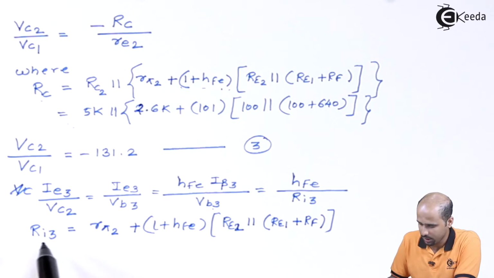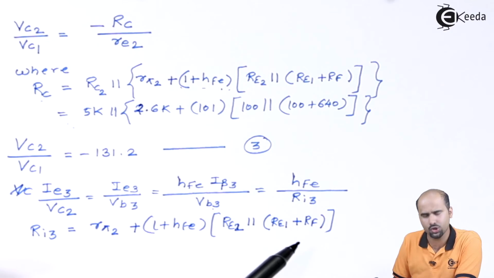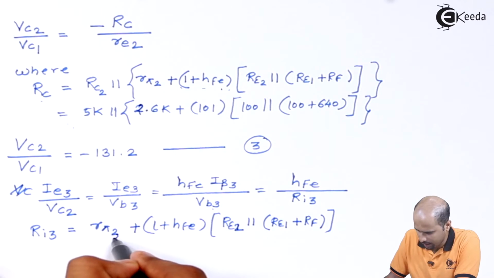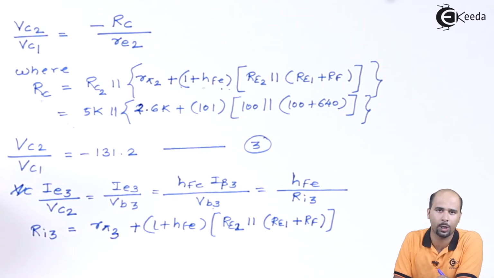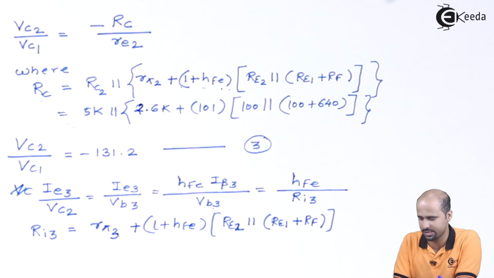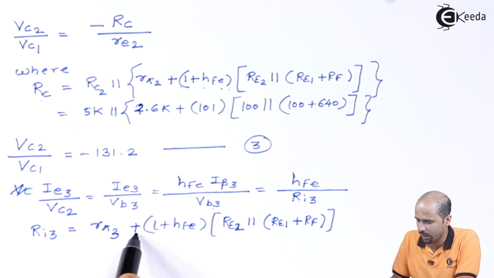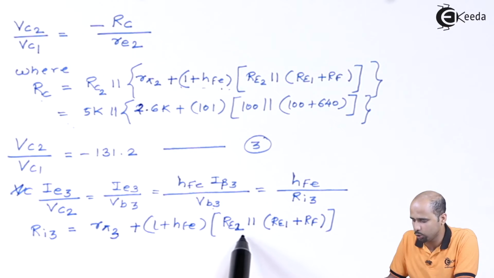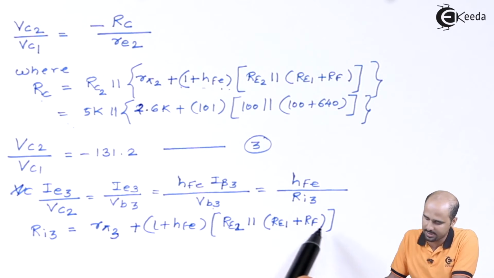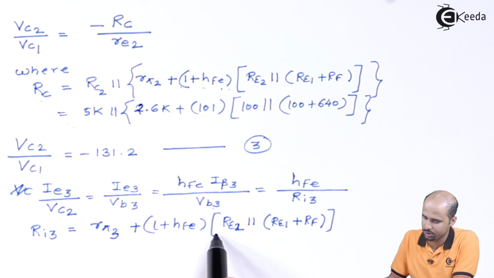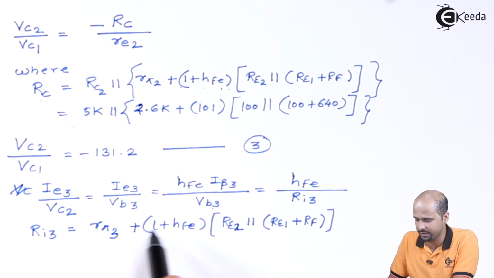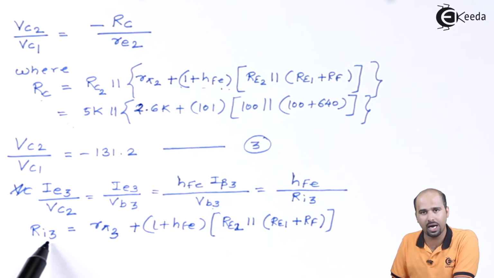That is your RI3. All the values are known; this is RPi3 rather than RPi2, because we are considering the third stage. So RPi3 plus 1 plus HFE into RE2 in parallel with RE1 plus RF, that whole combination multiplied with 1 plus HFE, and then we have to take the series combination with RPi3, right? This is nothing but your RI3.